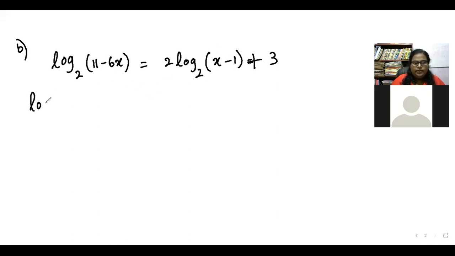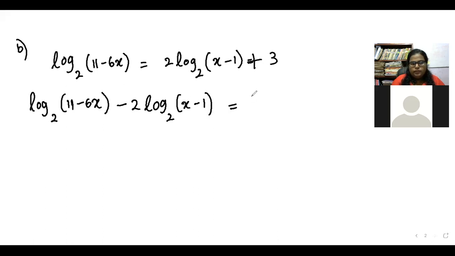Here we can take this one as log base 2 of (11 minus 6x) minus 2 log base 2 of (x minus 1) equals 3. We took this one to the left hand side, and in our first step we don't apply any log rule.